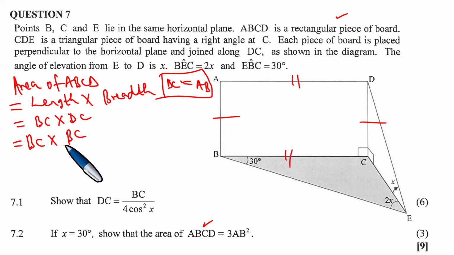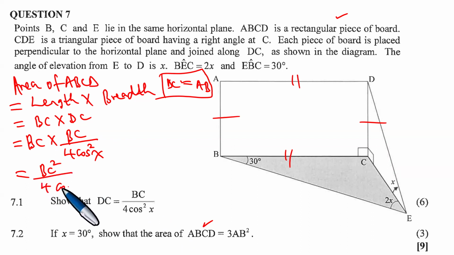DC is BC over 4 cosine squared x. Okay, so now let's simplify these together. In the place of DC, you can put this one. If you put this, then you'd have BC squared divided by 4 cosine squared x.